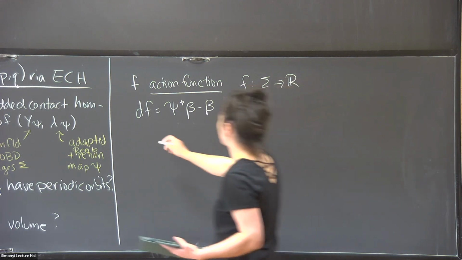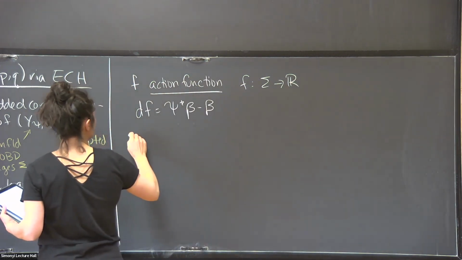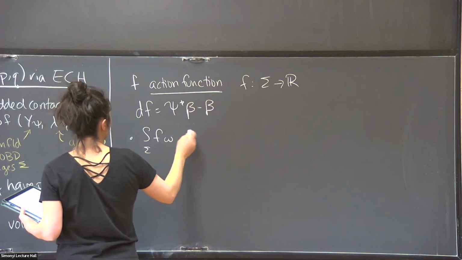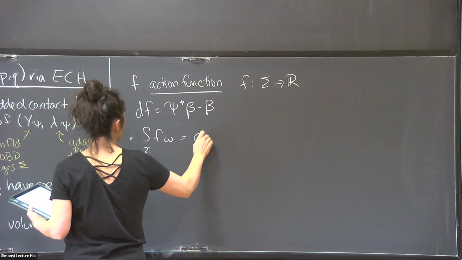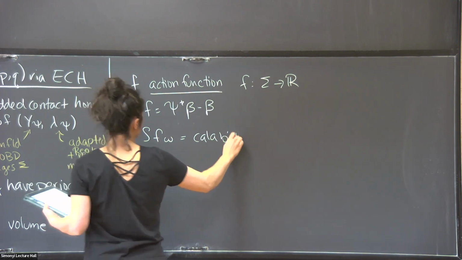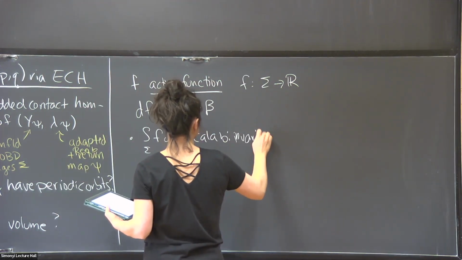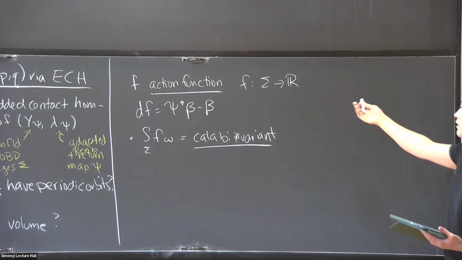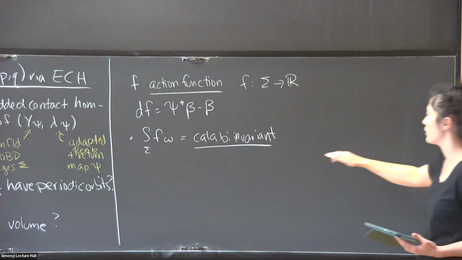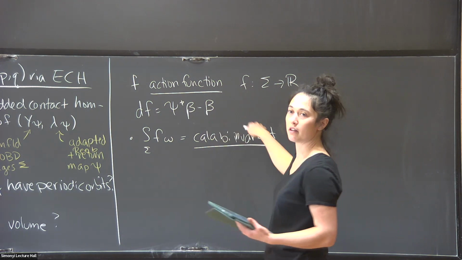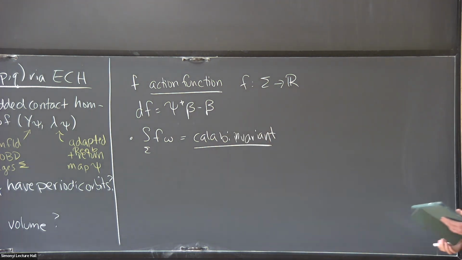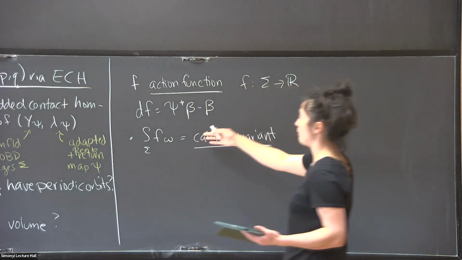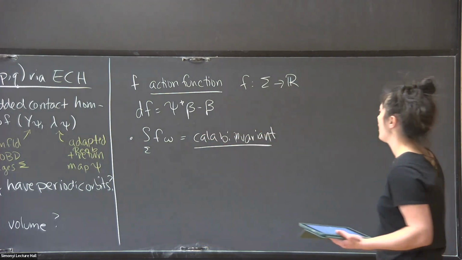A couple of things about this action function. Its integral, the integral of f over sigma, is called the Calabi invariant. There's been a lot of work recently about proving that homeomorphism groups are not perfect, by finding kernels of the map consisting of taking the Calabi invariant.